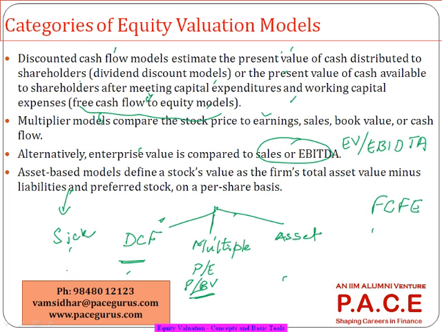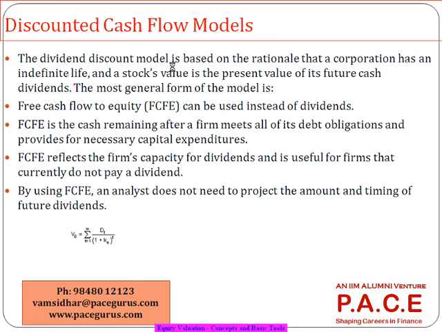If at all I want to value those kinds of companies, generally asset-based valuation models are used. For a company which is performing well, which has a lot of prospects, discounted cash flow based models are more appropriate. That's how we can use each of these models.